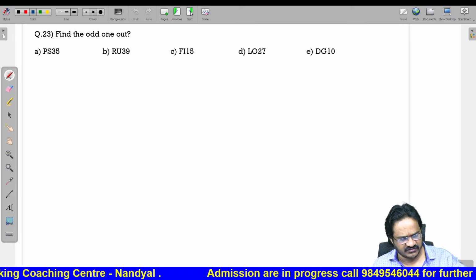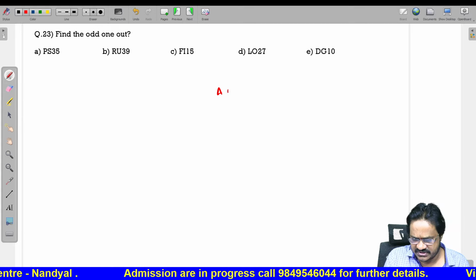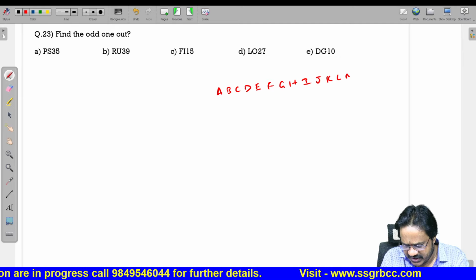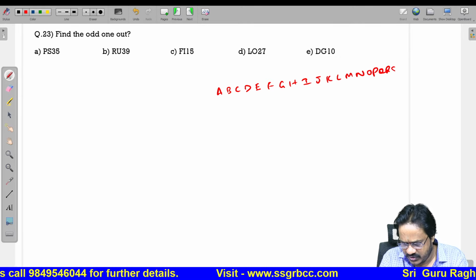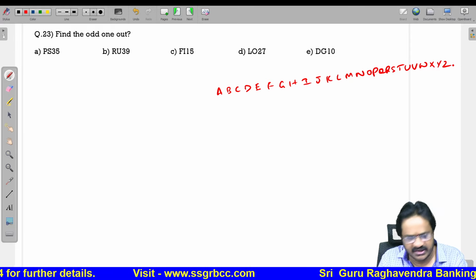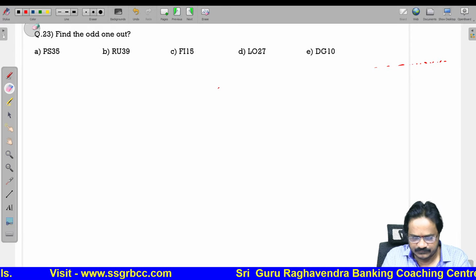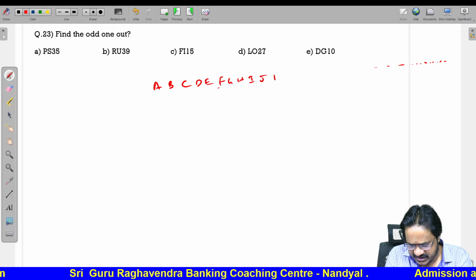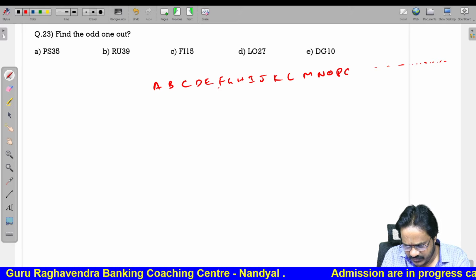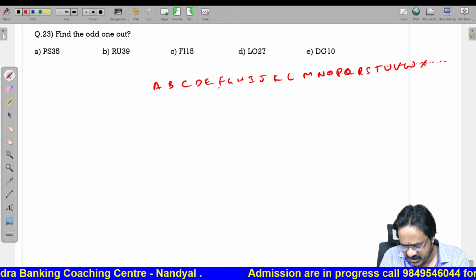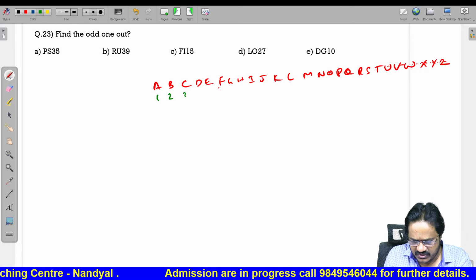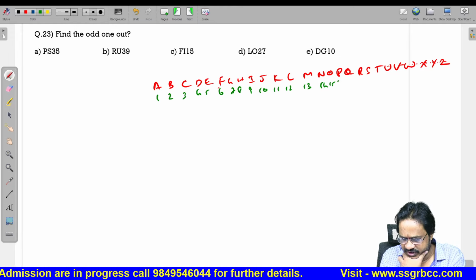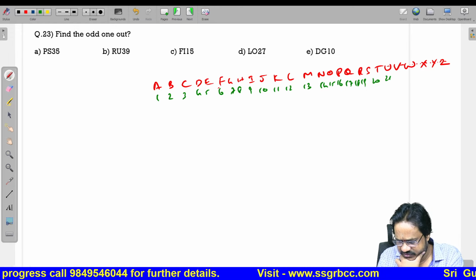You just write the alphabets A, B, C, D, E, F, G, H, I, J, K, L, M, N, O, P, Q, R, S, T, U, V, W, X, Y, Z. So numbers also 1, 2, 3, 4, 5, 6, 7, 8, 9, 10, 11, 12, 13, 14, 15, 16, 17, 18, so until 26.